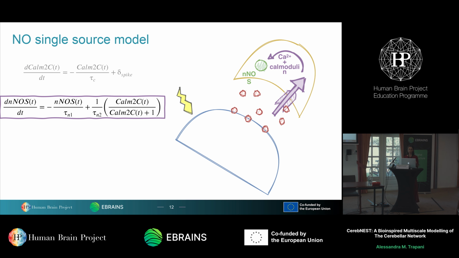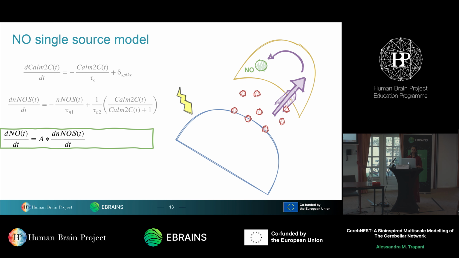Then the calcium calmodulin complex activates the nitric oxide synthase, and we describe this activation with the second equation. While the production of the nitric oxide from the nitric oxide synthase is for now just modeled to be proportional to the activation of the source.